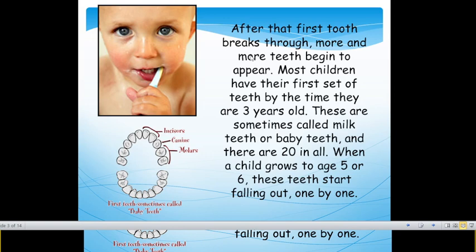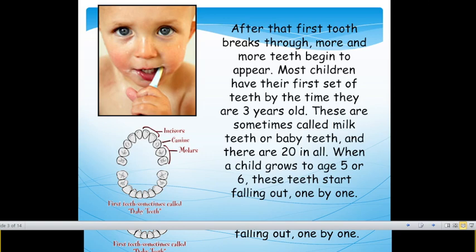The first eruption sequence of the teeth is known as deciduous teeth, and these start coming around 3 years of age. By the age of 2 to 3 years, all 20 teeth will be present in the mouth.